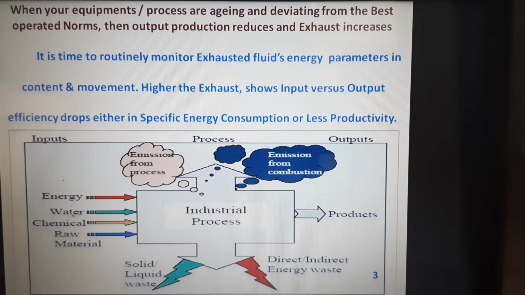So, it is time to routinely monitor the exhausted fluid parameters, mostly a gas or mostly air, especially in the blowers or compressors, and in content and movement also. Higher the exhaust shows, the output gets derated for the given utility and the efficiency drops drastically, and the specific energy consumption for the given utility goes up, and it gives a lesser productivity given to the process as such.